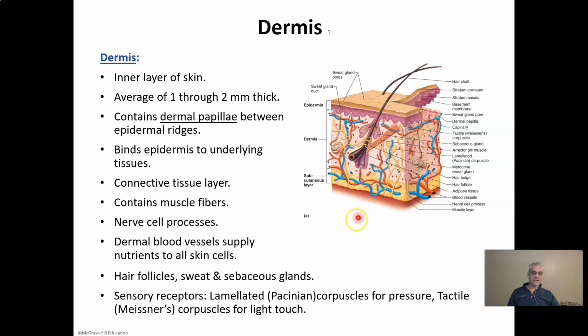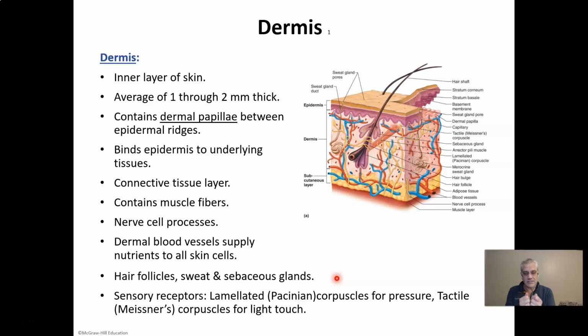Now you also find other structures, and we're going to get to these accessory skin structures: hair follicles, sweat, and sebaceous glands. These are found in the dermis. However, they are extensions of the epidermis. If I ask you a question about whether these structures are dermal structures, I have to be very careful.